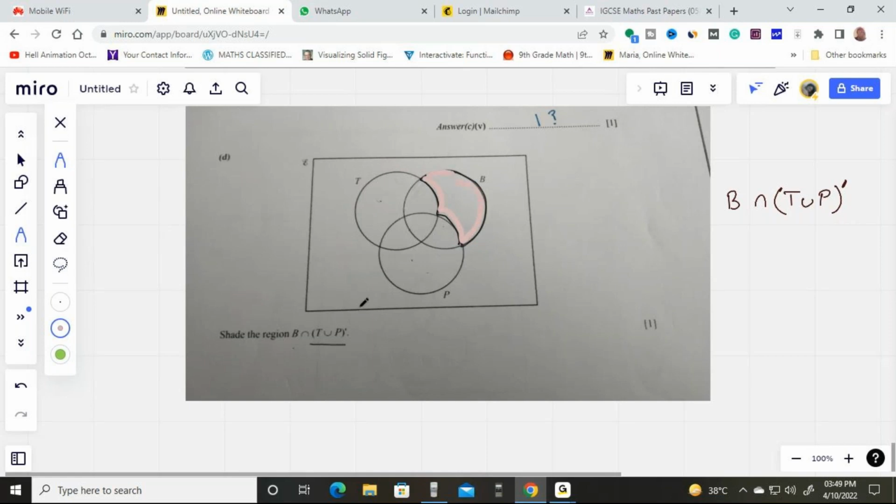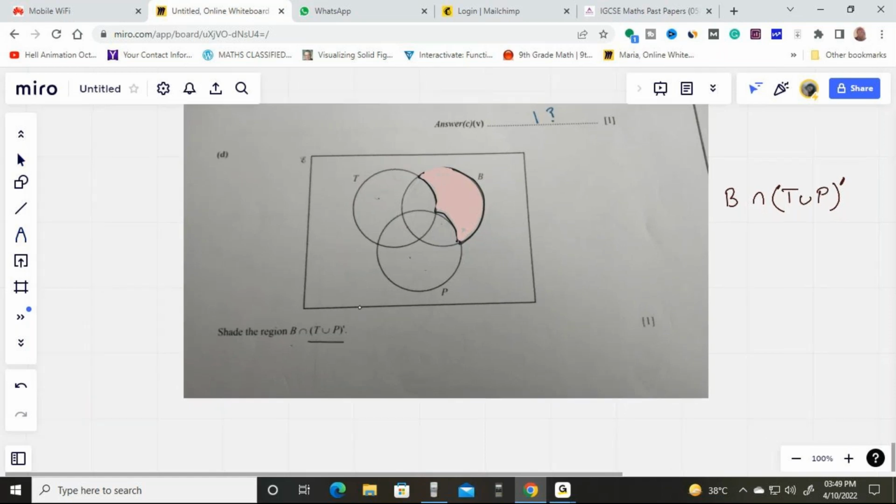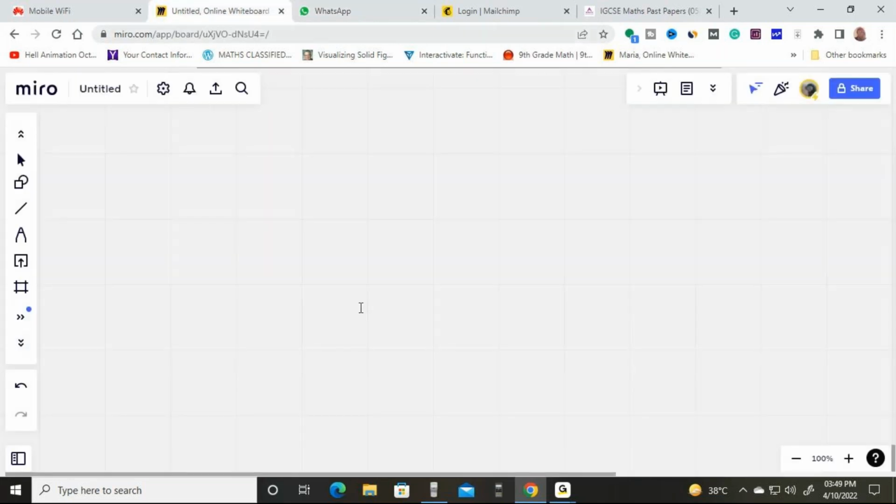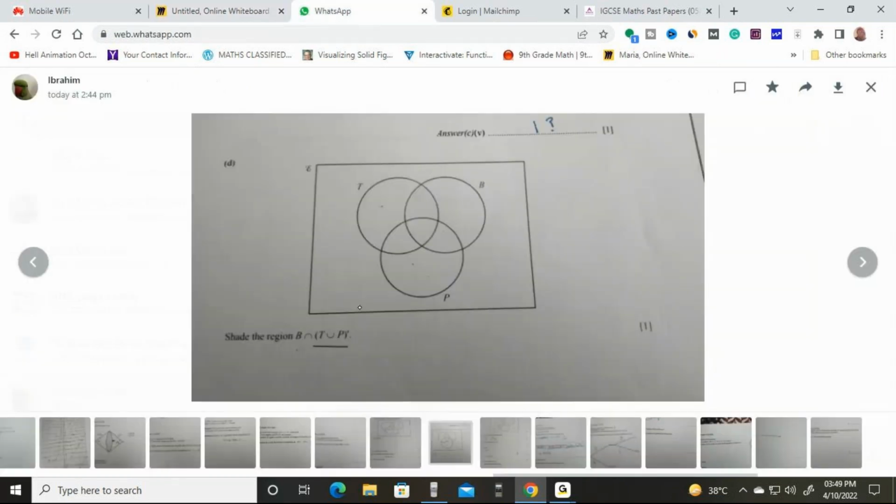The intersection is not part of T union P whole complement. It is part of T and P. Ah, okay. Yeah, you can't consider it. But that's how we do it. I hope it's clear now. But if it was B union, then you do the entire circle of B. In that case, you need to shade this full thing.